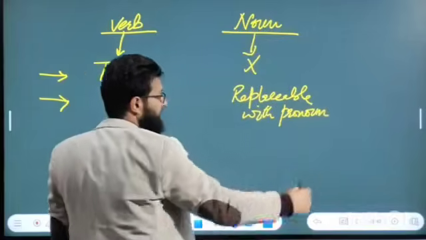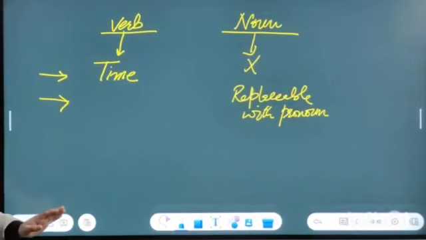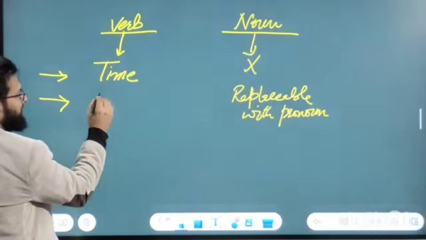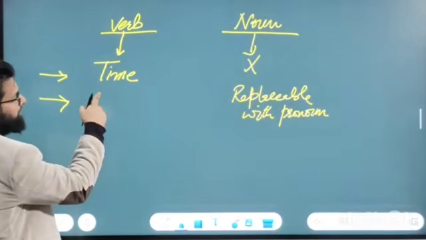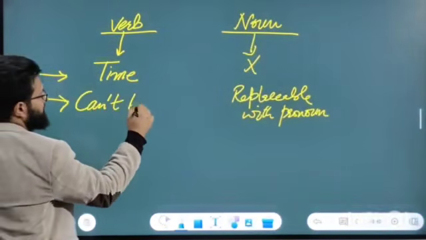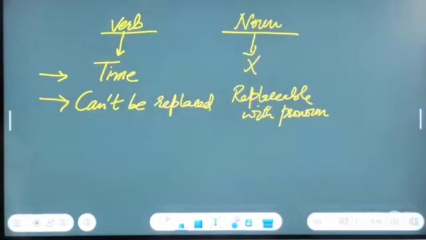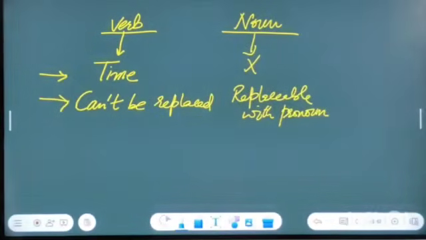But can I do the same with verb? Verb cannot be changed. What will happen if I change verb? The entire meaning of the sentence will change. Exactly. It has a direct link with the time, so the verb cannot be replaced. It can be replaced, but the entire structure and the meaning of the sentence will change.